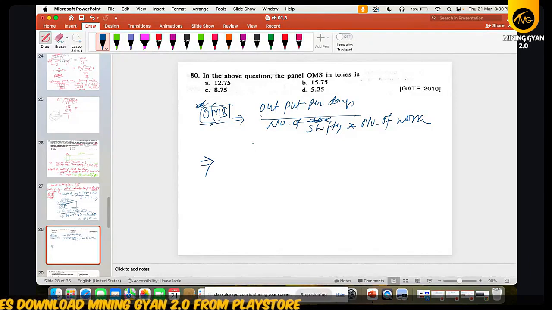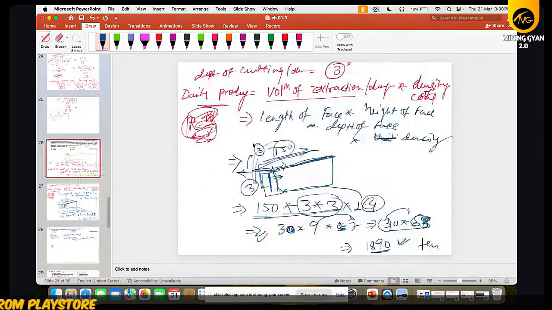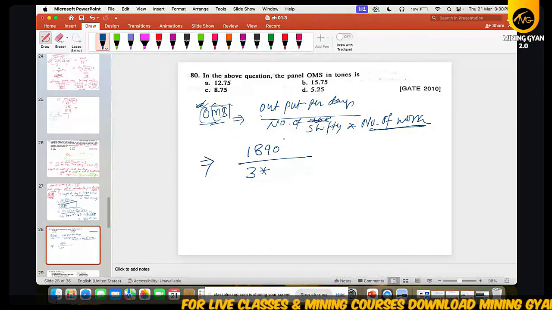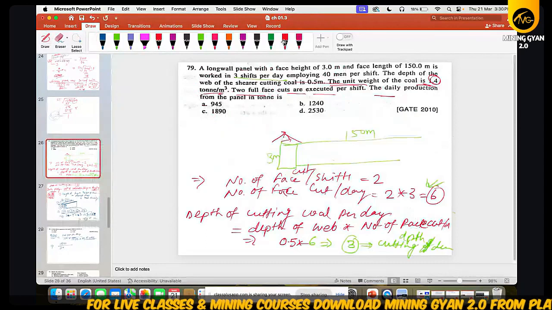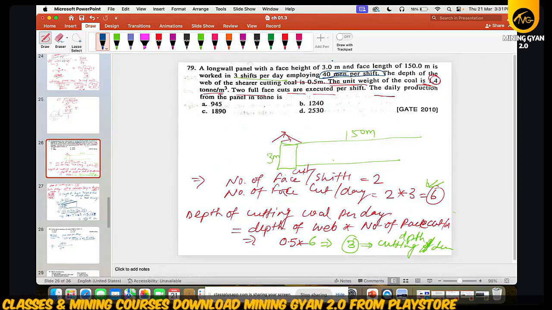So output per day we have calculated in last question, 890 divide number of shifts, everybody knows it will be generally 3. Number of workers he has, in the last question he has provided us 40 men per shift. He can give you in the shift, he can give you in per day.